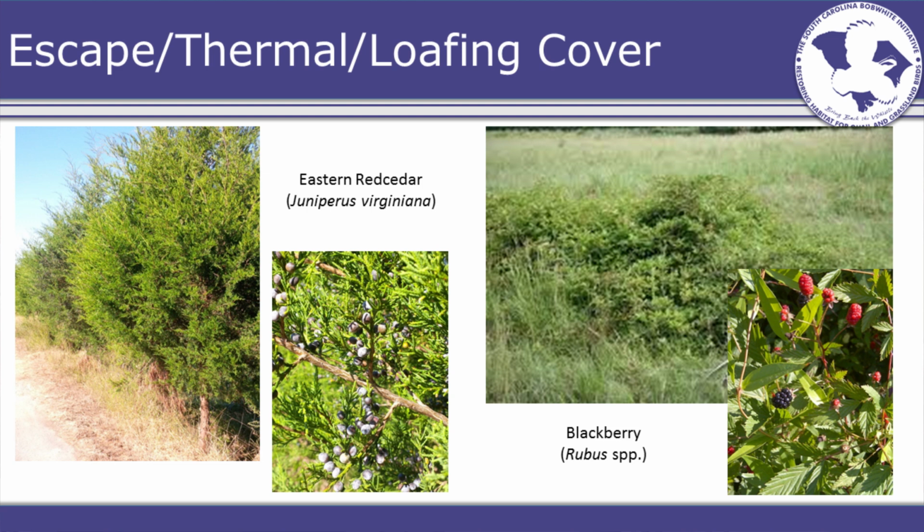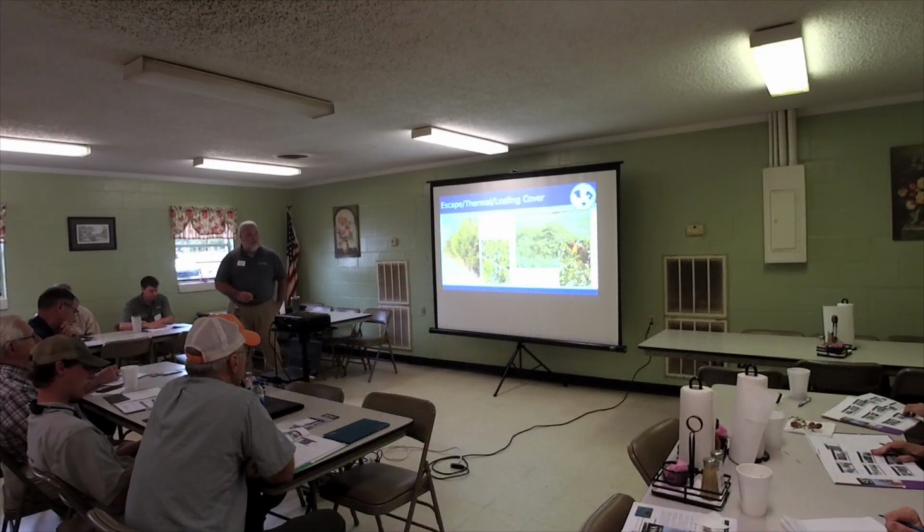They eat the berries off of the tree, and it has that very thick evergreen vegetation that birds can get into and escape from inclement weather. And of course, blackberry thickets, so important, not just for quail, but for so many other species as well. The soft mass production and escape cover.